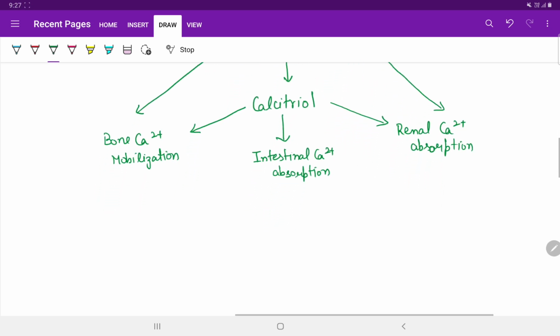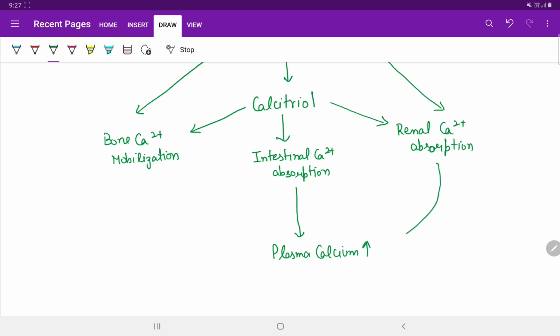So both are important. The intestinal absorption of the calcium may further increase the plasma calcium levels, and these are also increased by the renal absorption and the bone calcium mobilization.